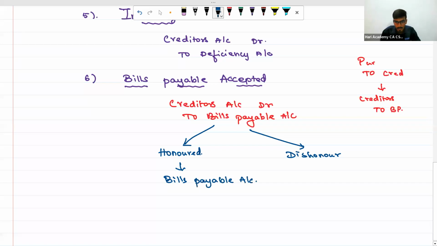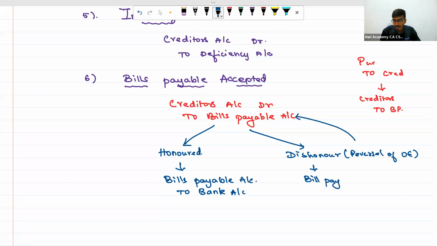So bills payable account to bank account, as I will pay in cash. If it is dishonored, I will reverse this entry. How will this entry be reversed? Reversal of the original entry. Original entry means this entry: bills payable account debit to creditors account.